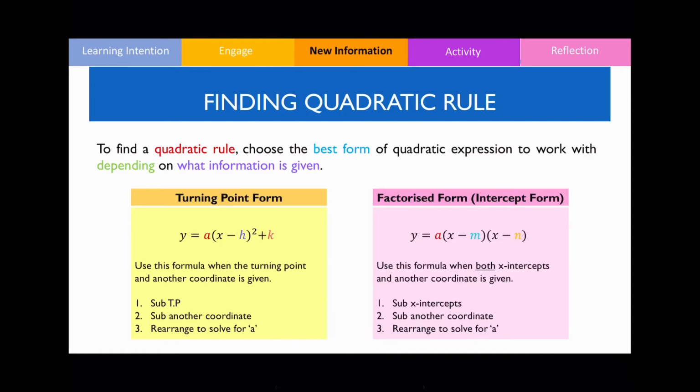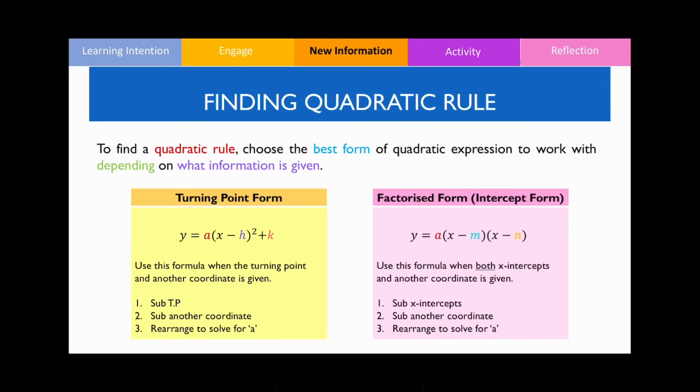That is quite a lengthy process, so that's the reason why I would avoid using the standard form. Instead, it's a lot easier to represent things in the turning point form or the factorized form. And if the question did want us to represent it in the standard form, then if you did it in either the turning point form or the factorized form, you can expand it to make it look like the standard form, okay?